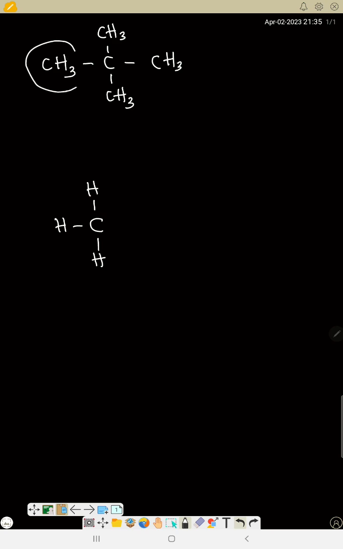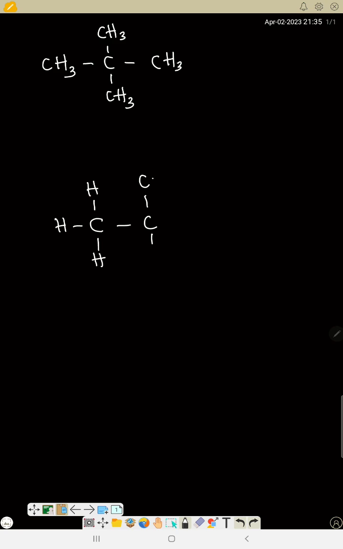So this CH3 is this C. So you have another CH3. Here too you have another CH3. That is a methyl group. So let's split it.